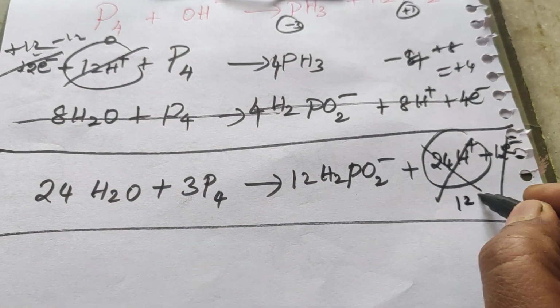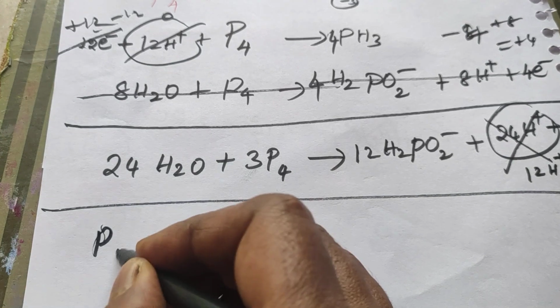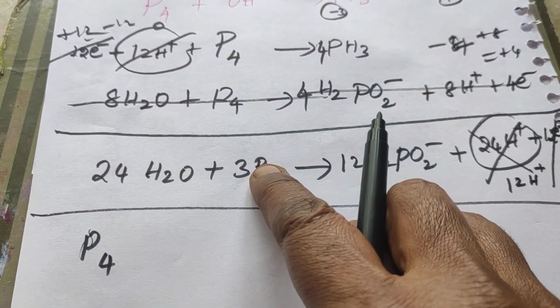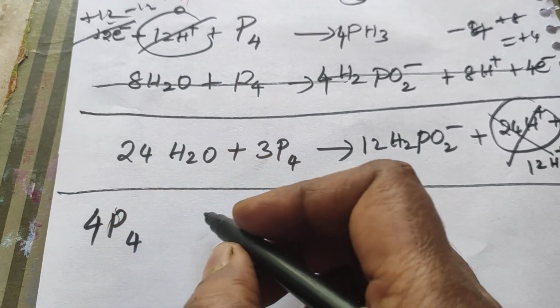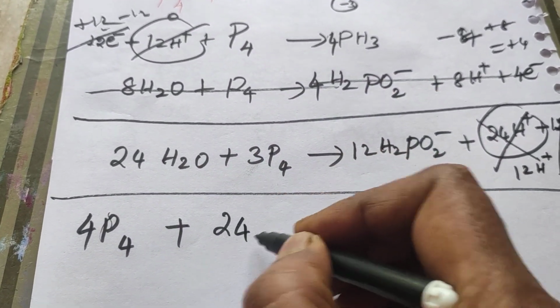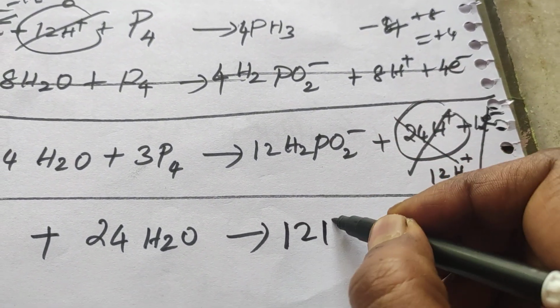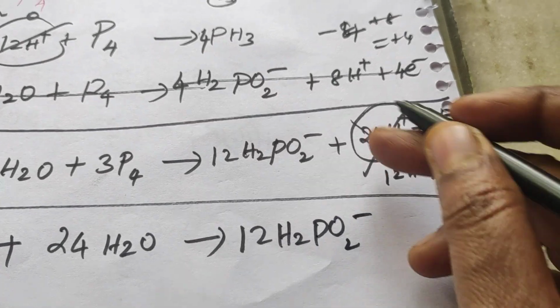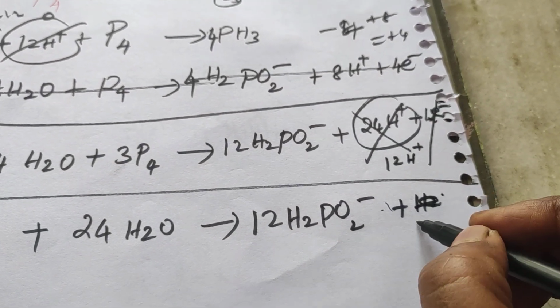So remaining 12 H+ ions will be there. Now we can sum up. Here P4, here also P4. So totally here 1 P4, here 3. So totally 4 P4 plus 24 H2O gives product side 12 H2PO2- and 12 H+ are there.